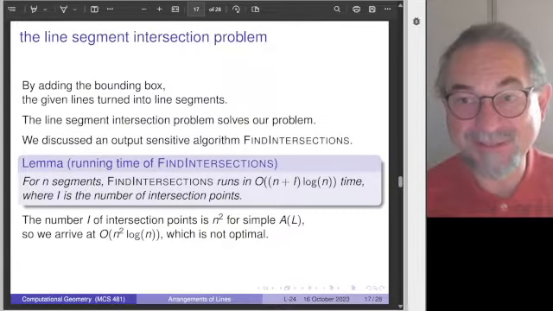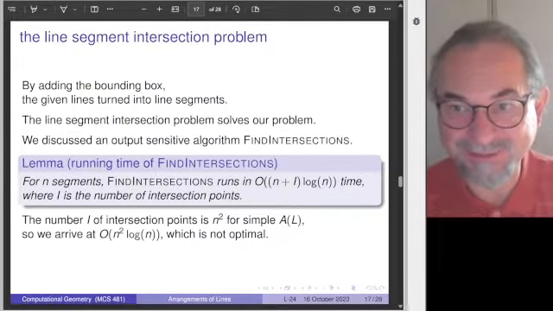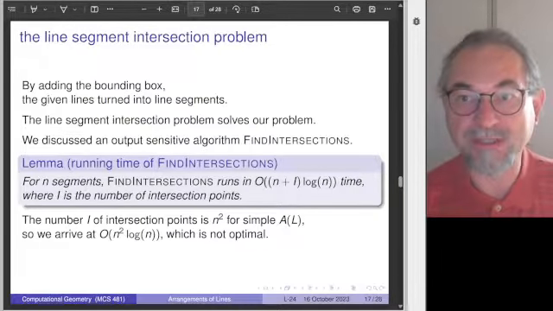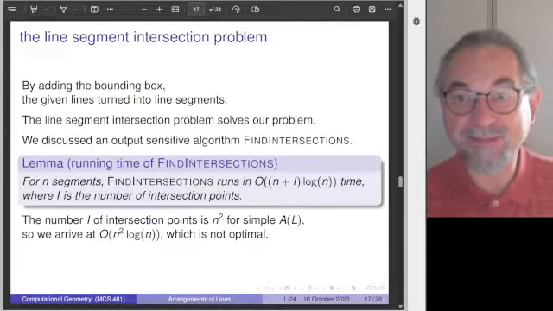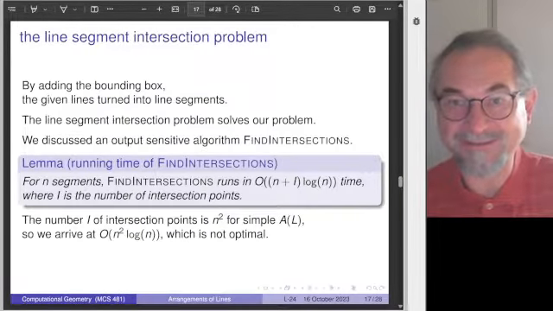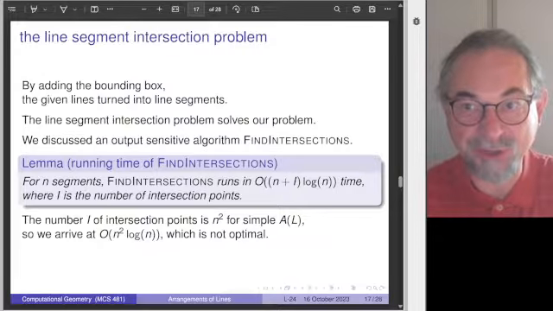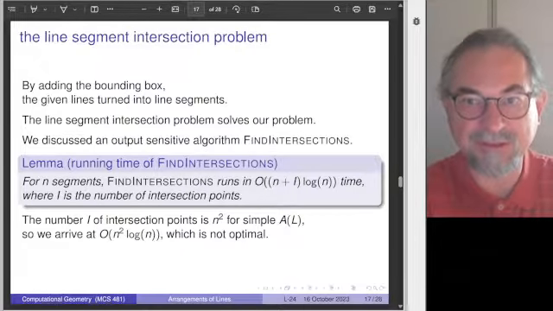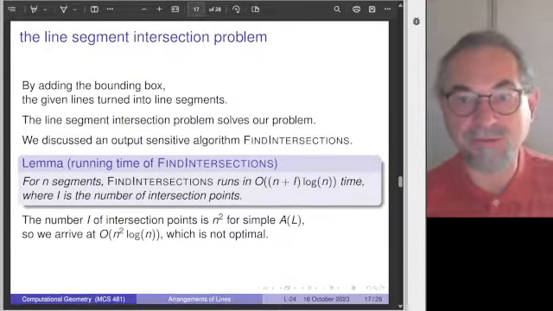In some sense, we have the opposite reasoning of what we did earlier in the course. We had an algorithm, and then we dismissed it because its complexity was not optimal. Here we have an algorithm that is already very good for the line segment intersection problem, but we can't use it.